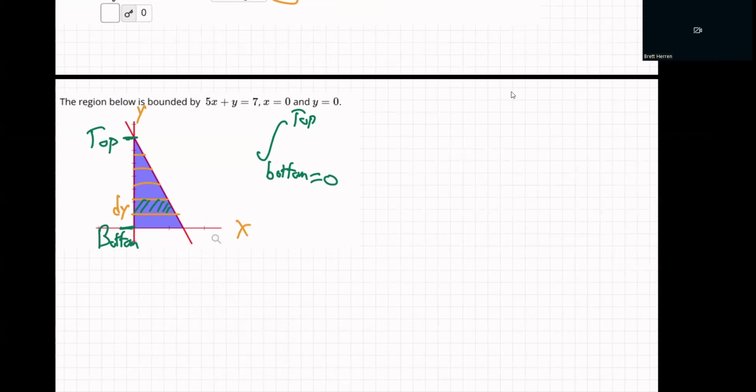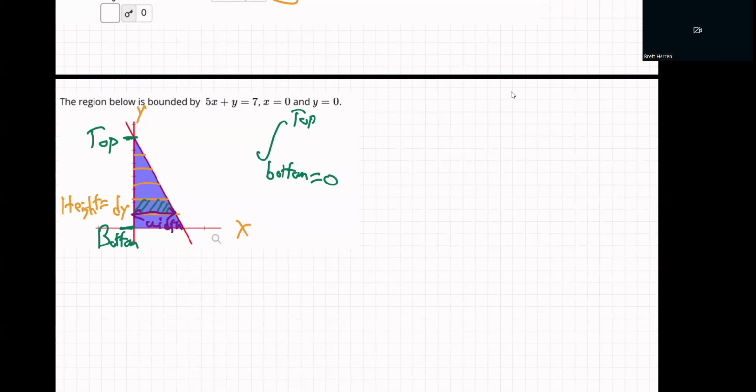We'll figure that out in a second. So from bottom to top, the area of a rectangle is just length times width, or height times width. So the height is dy, right? But what is the width of each of these rectangles?